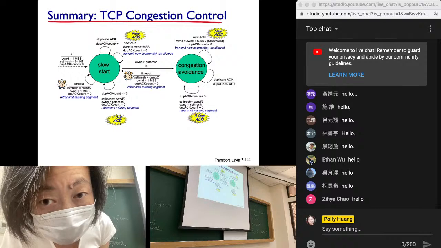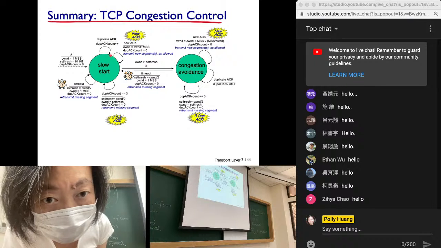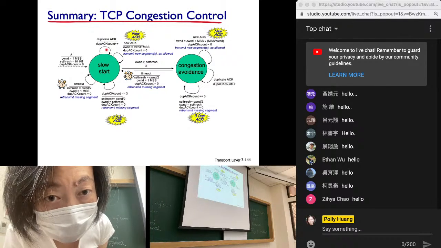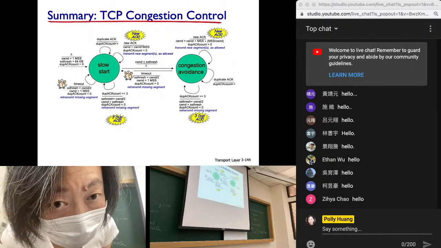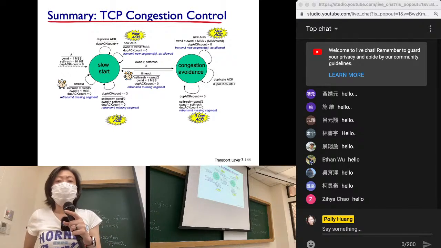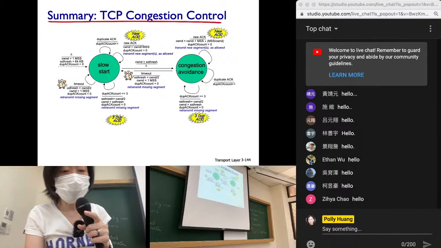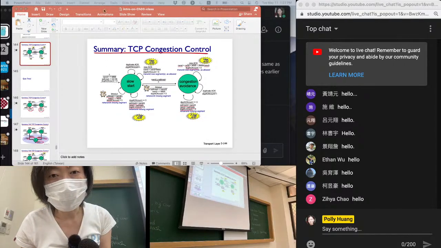Now, otherwise, if it's just receiving a duplicate ACK, but the count is not yet 3, we simply increment the duplicate ACK count by 1. So, sounds simple. And we actually started working on a what?